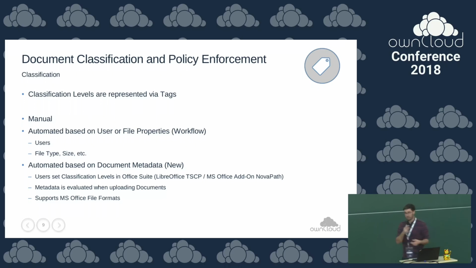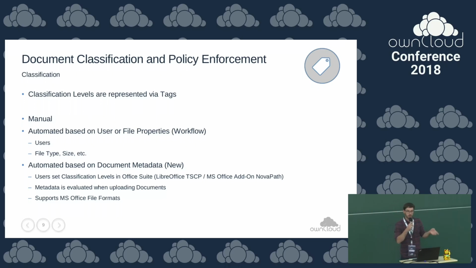And now what's really new and what's in the pipeline, not yet released but coming very soon, in the next weeks, is the automated classification based on document metadata. That's a pretty nice thing because that's something that many companies already have in place. You require the users to classify data before it leaves their workstation.